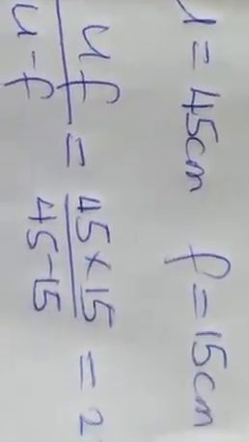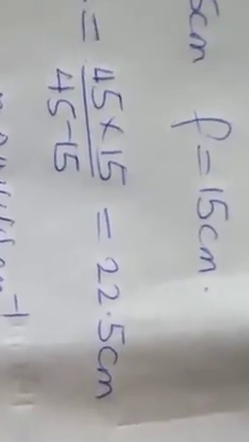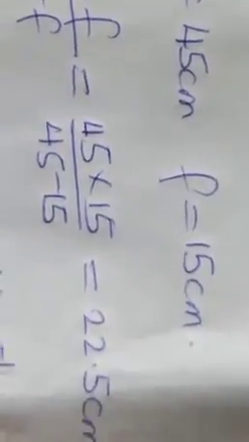So V is UF all over U minus F. U is 45, F is 15. So 45 times 15 all over 45 minus 15, and that will give us 22.5 cm. So when the object distance is 45 cm, the image distance is 22.5 cm.